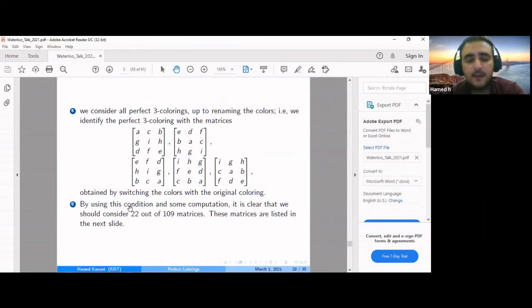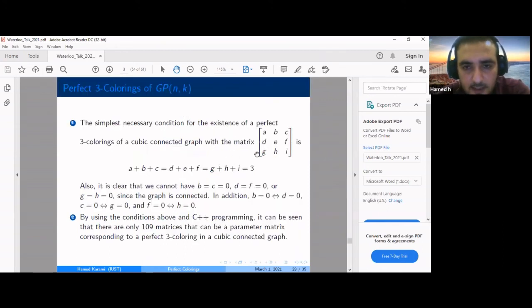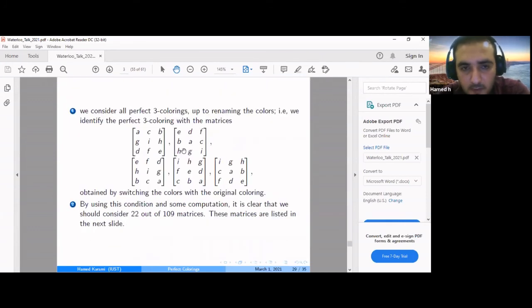As we had in the perfect two coloring, we consider all perfect three colorings up to renaming the colors. We identify the perfect three colorings with these 5 matrices, obtained by switching the colors with the original coloring. So we consider 6 matrices with this one as one when we enumerate parameter matrices for perfect three coloring.